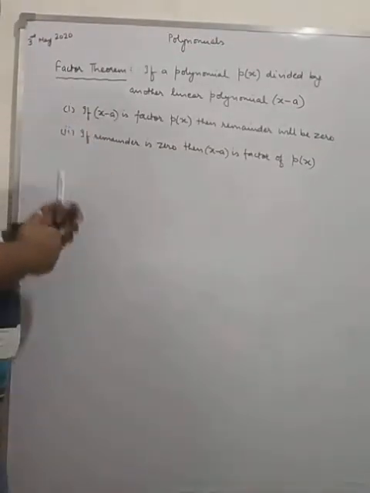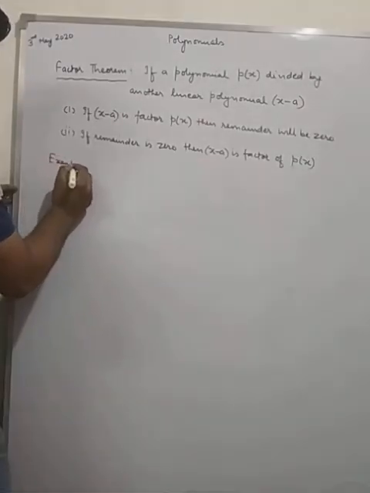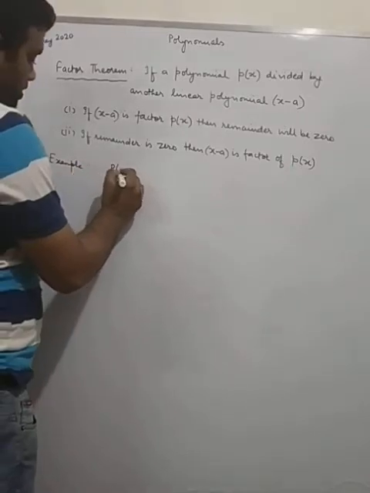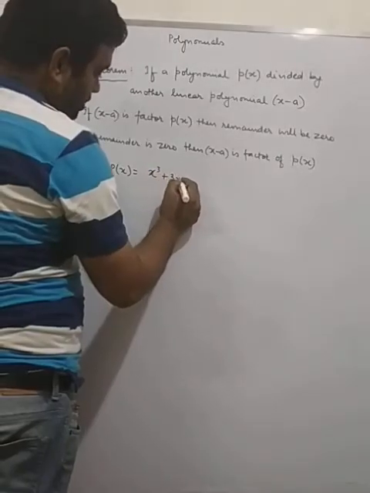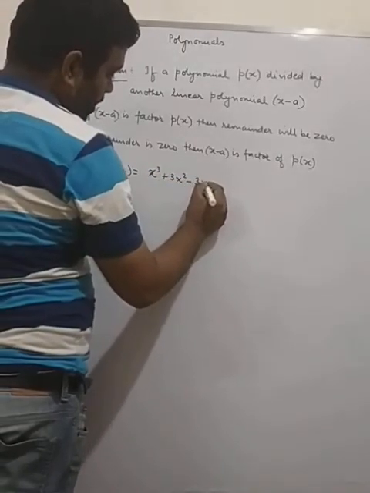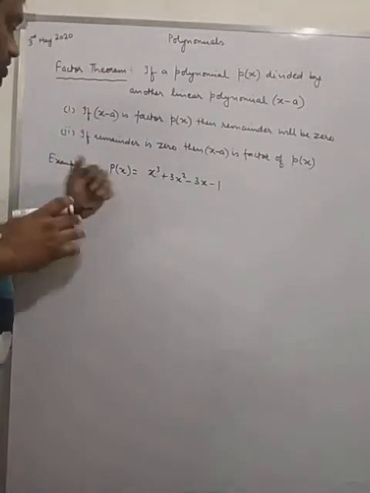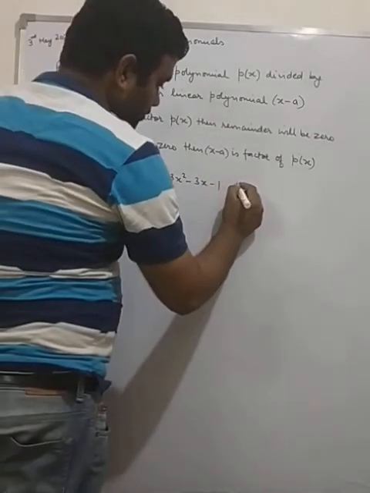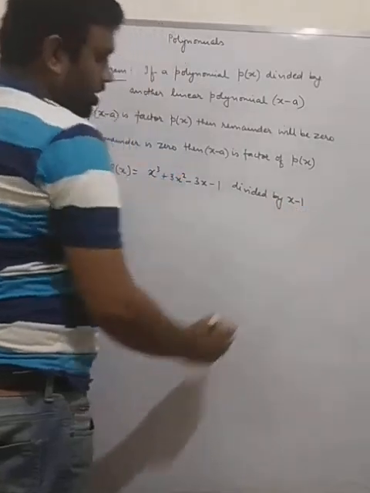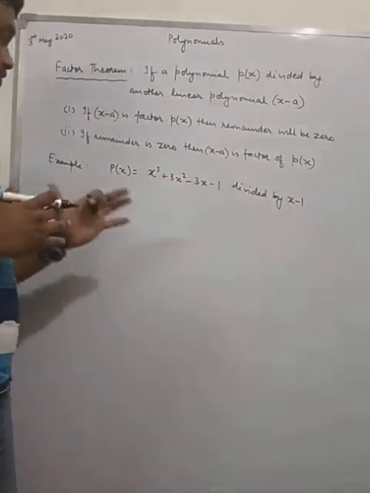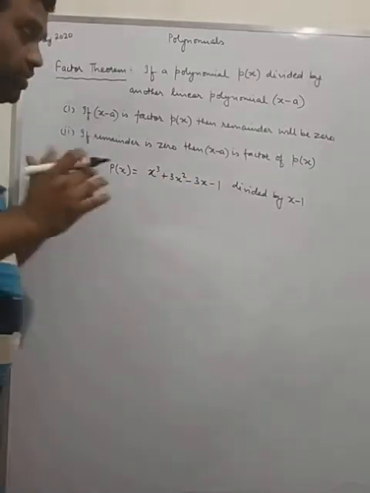Now, let's take an example. Let p(x) be equal to x cube plus 3x squared minus 3x minus 1. We have to check whether x minus 1 is a factor of this polynomial or not. We simply put x equal to 1.